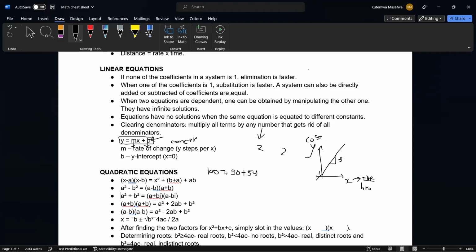So like basically 50 is the down payment and then oh, sorry, my battery is low.